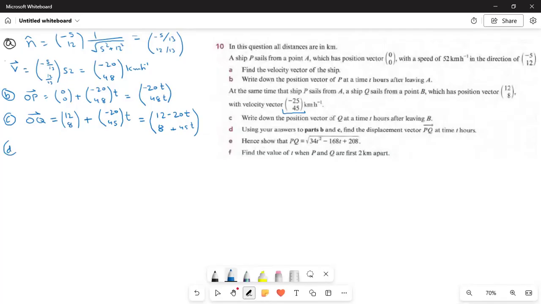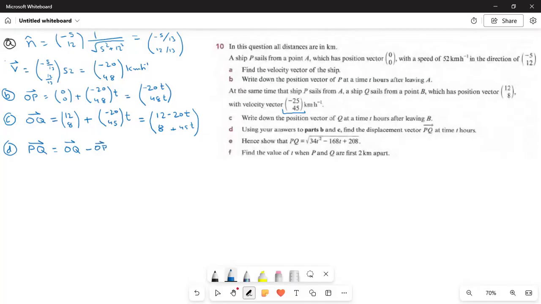Now, what is part D? It says using your answers to B and C, find the displacement vector PQ. So this is going to be OQ minus OP.